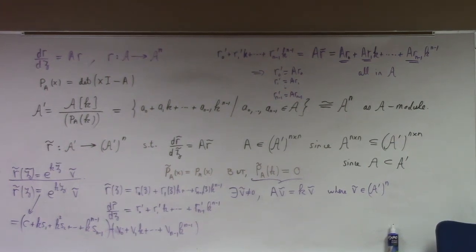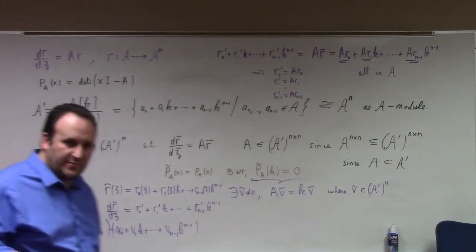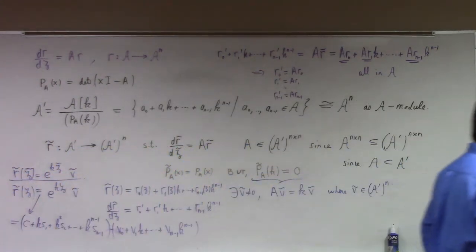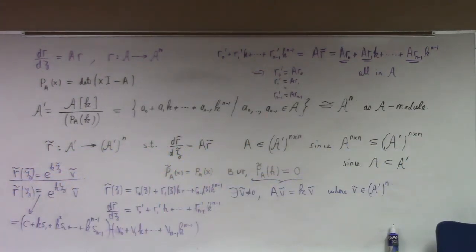Of course, the most familiar case of this is when we work over the complex numbers, right? You have something like e to the kt times a plus ib vectors. This is what you're most used to. But this is essentially the R tilde idea, where k squared is equal to minus 1.